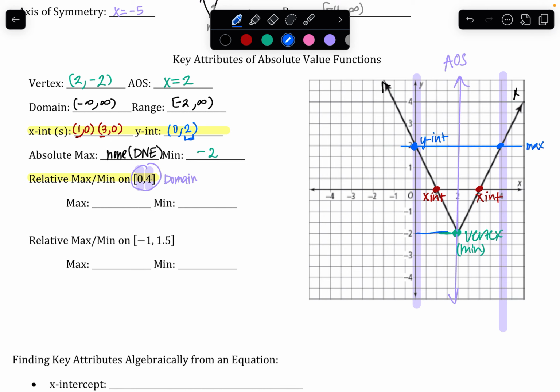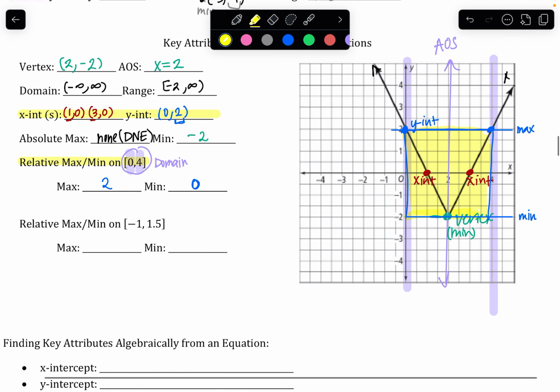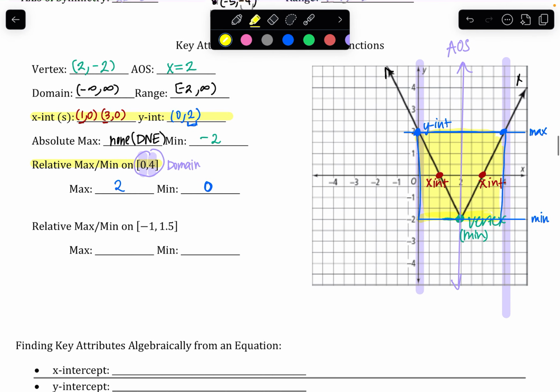And then my minimum is still where the vertex is. Okay, and so the maximum is 2 and the minimum is 0. Act like you're just taking a screenshot of just this part of the function when they restrict your interval. So restricting the interval to just this part and seeing where the function is.